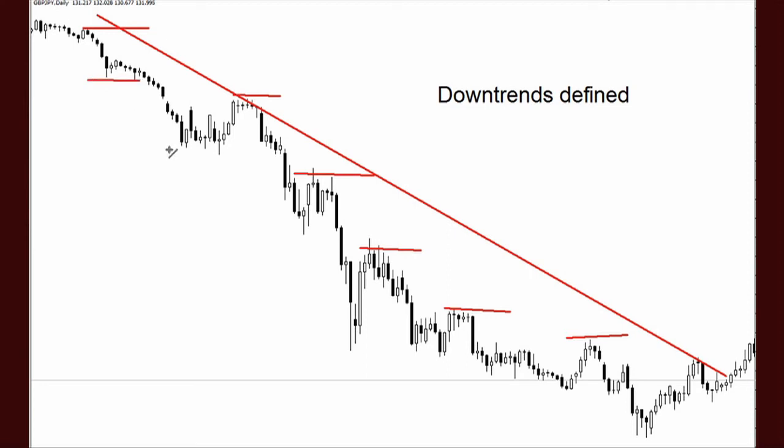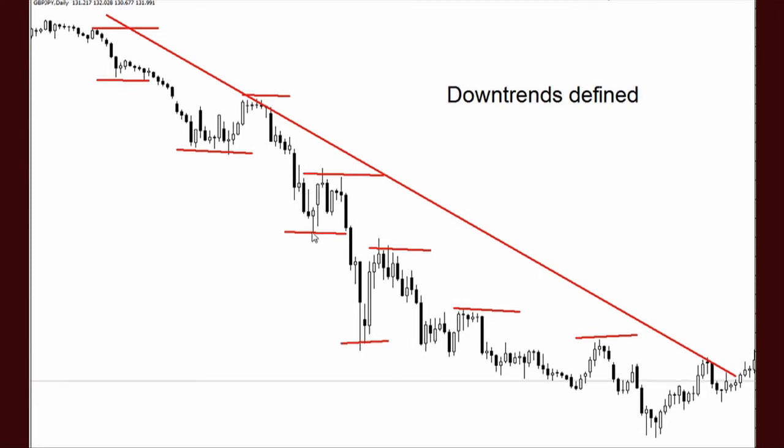This would be the lower low to that one. This would be the lower low to this low. This would be the lower low to this low. This would be the lower low to this low.